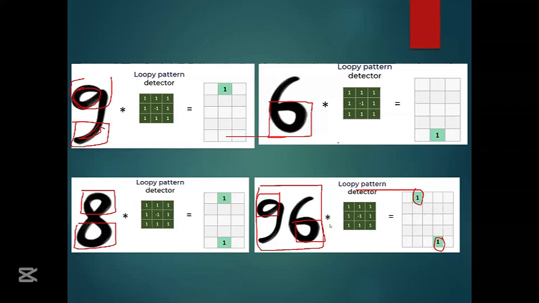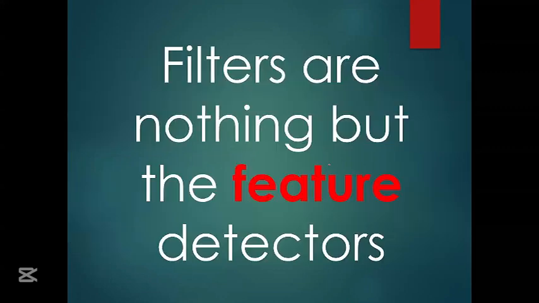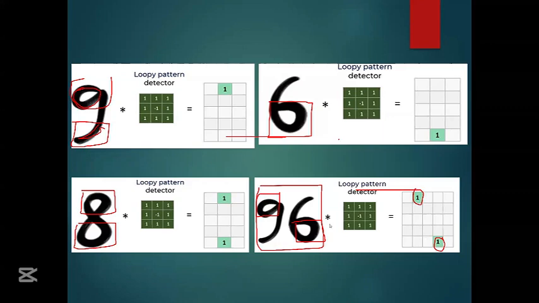Okay. So this is the simple theory which we are using when it comes to the convolutional neural network. The filters do the main job of reducing the number of inputs in the neural network.